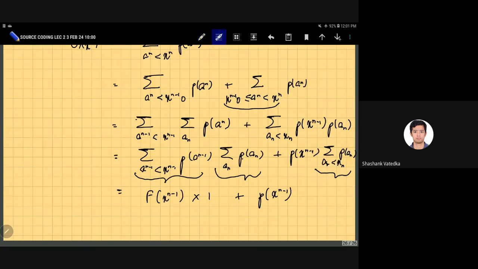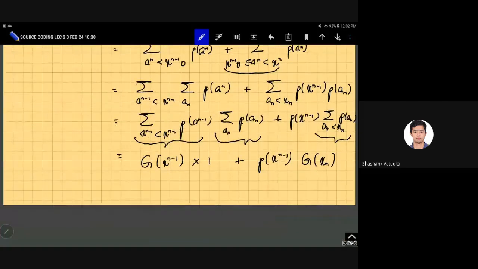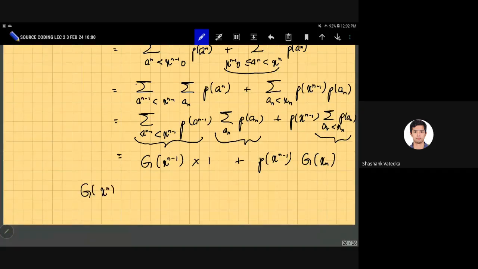So, sorry, this should be g of x^(n-1) times g of x_n. So we have g of x^n equal to g of x^(n-1) plus p of x^(n-1) times g of x_n.